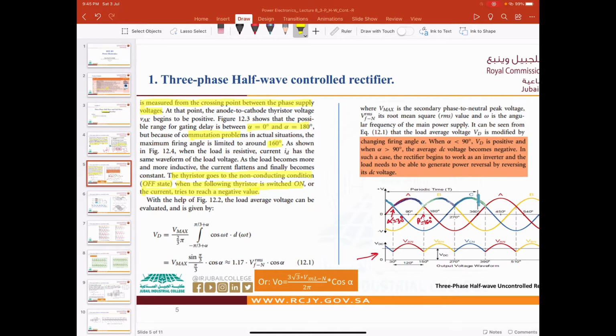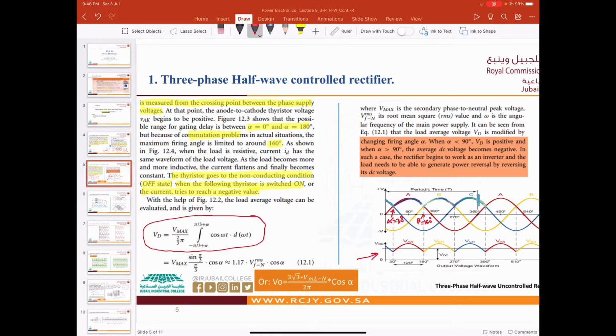Now, this is how to find V output DC. Sorry, let me just do it again. This is V output DC.